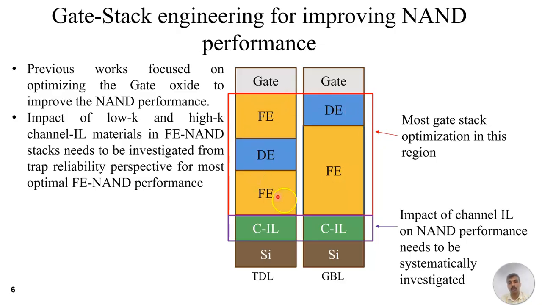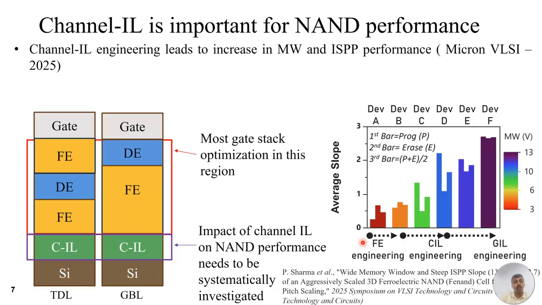Most of the work is focused in this red region, and the channel interlayer has not yet been systematically investigated from a reliability perspective, and the effect of different channel interlayer materials on Fe NAND performance has not yet been investigated. Moreover, the channel interlayer is very important for NAND performance.